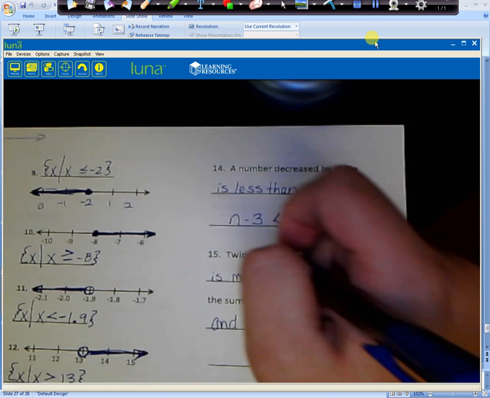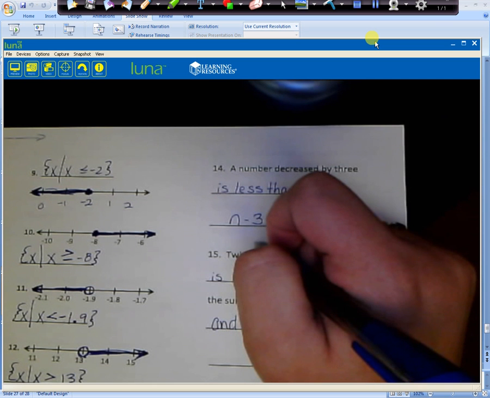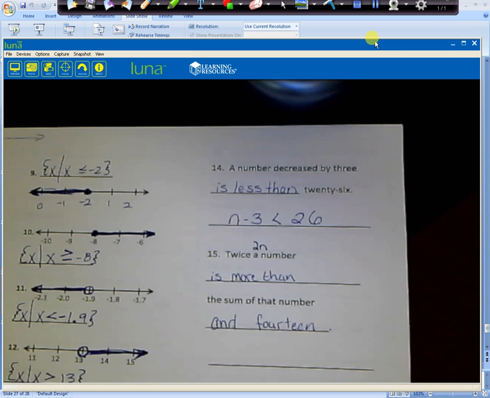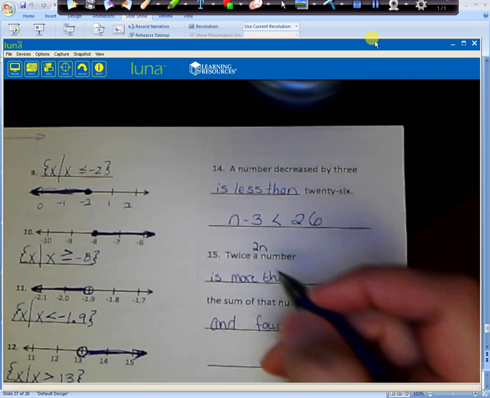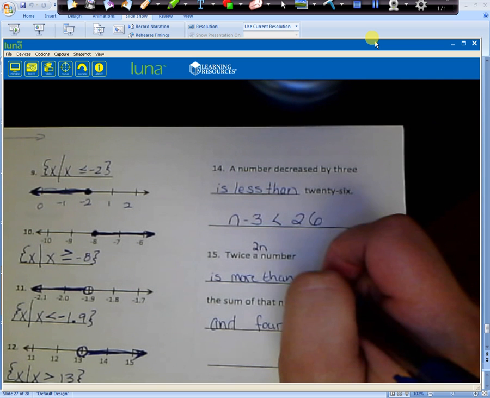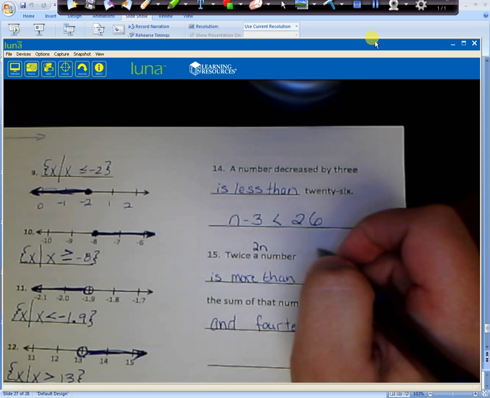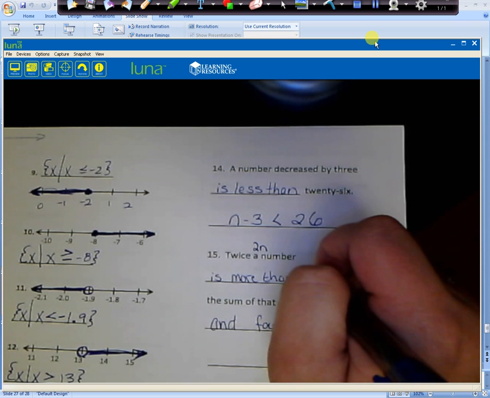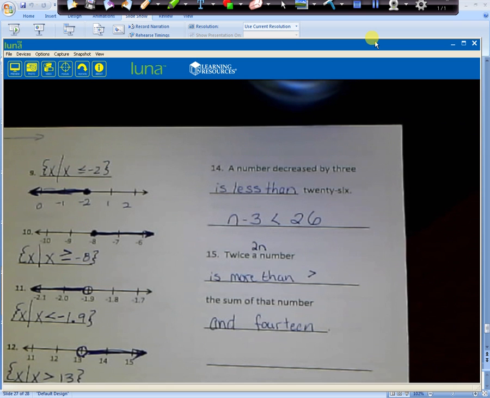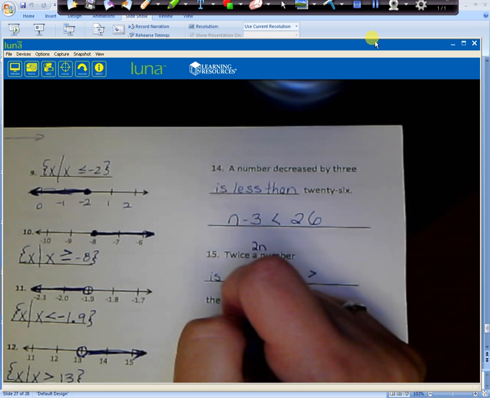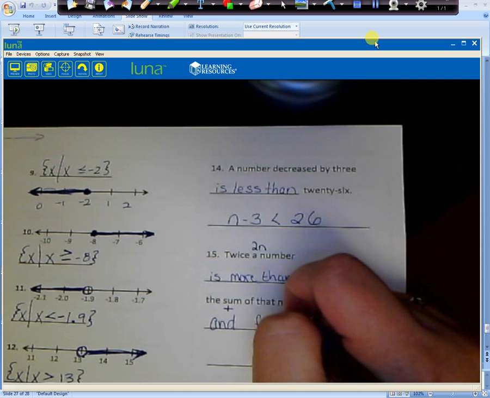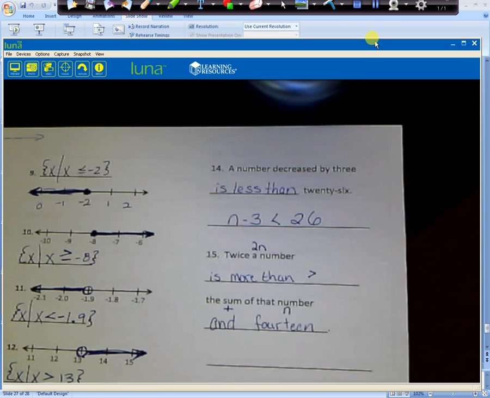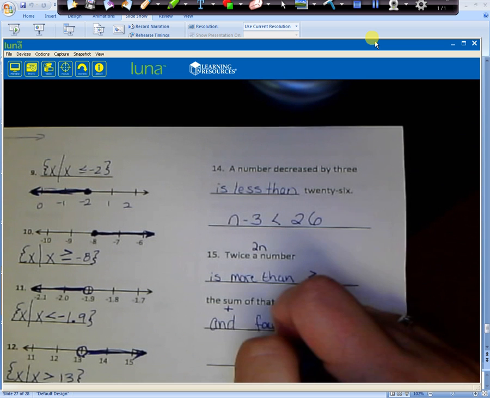Twice a number is 2n. More than, or is more than, you're going to have a greater than symbol. The sum means I'm going to add, of that number, again, is my n, because they're saying the same letter that you used before, and 14.